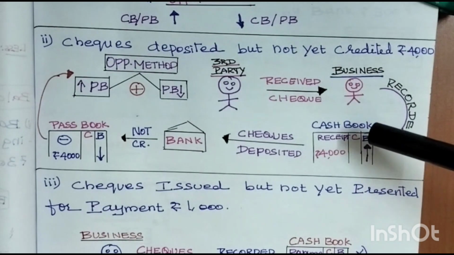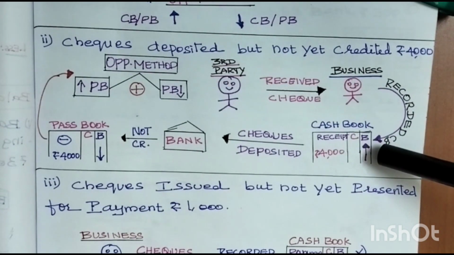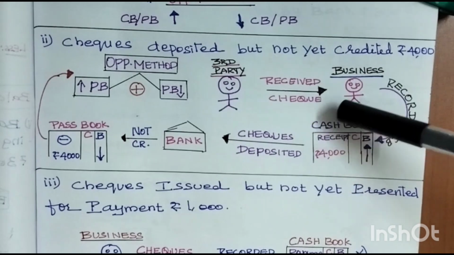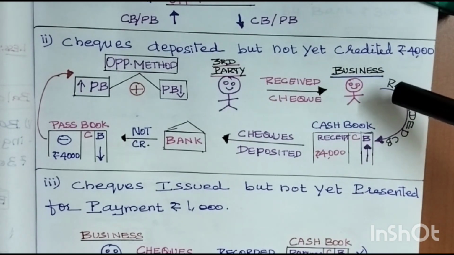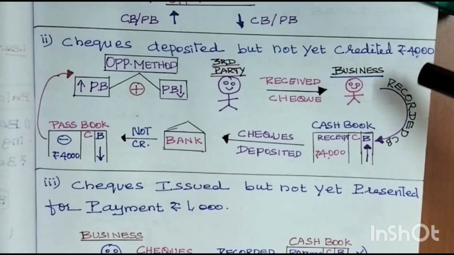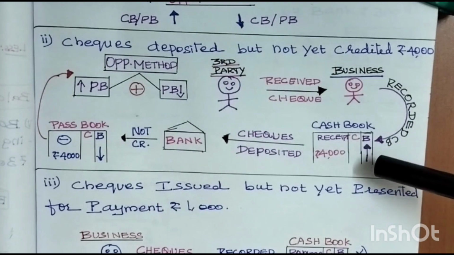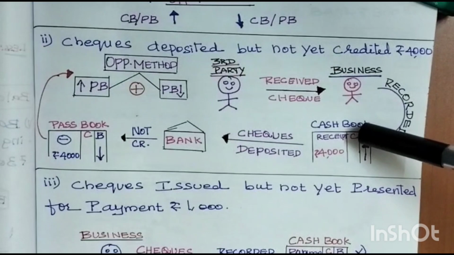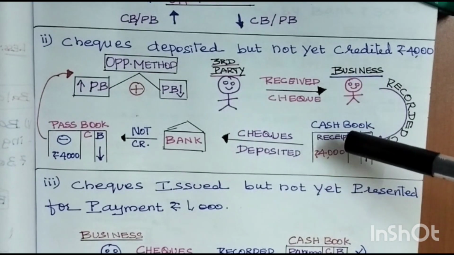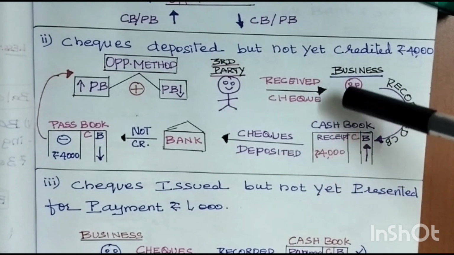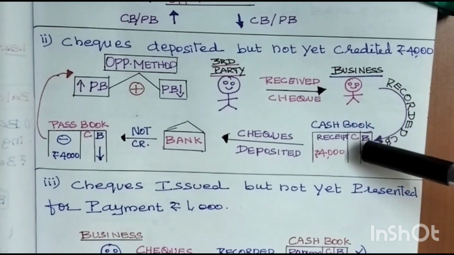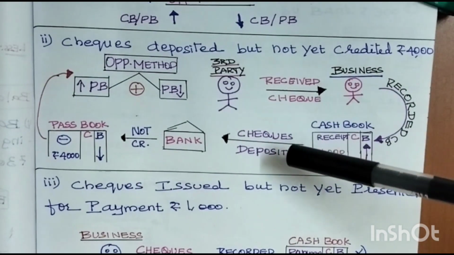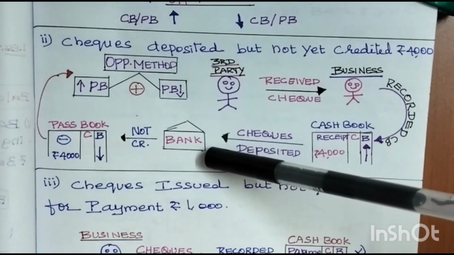So after the check of 4,000 rupees was received, your cash book will be immediately increased. 4,000 rupees increased in your cash book. Then only your accountant went to the bank and deposited that check into the bank.